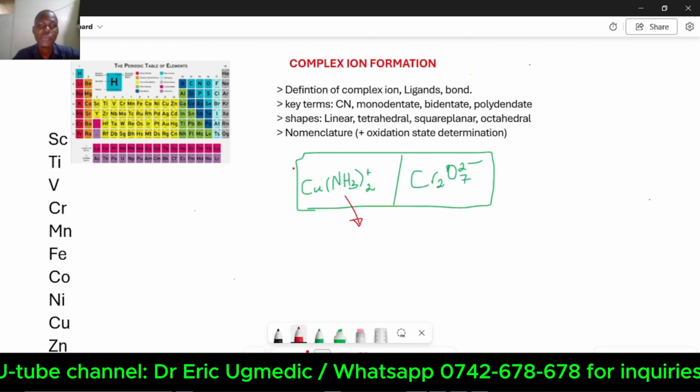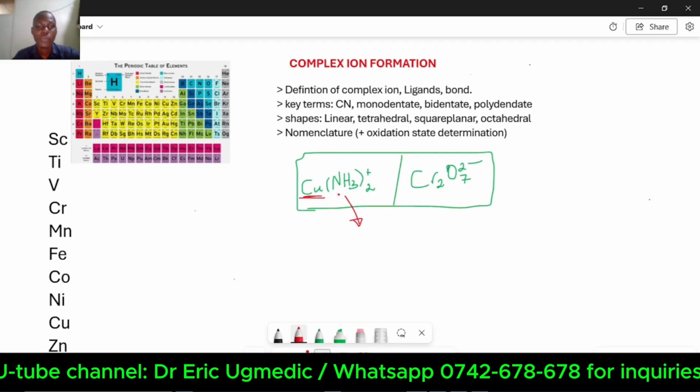So by definition, we can define a complex ion as a substance in which a metal atom or ion is bonded to one or more ions or molecules through what we call coordinate bonds.